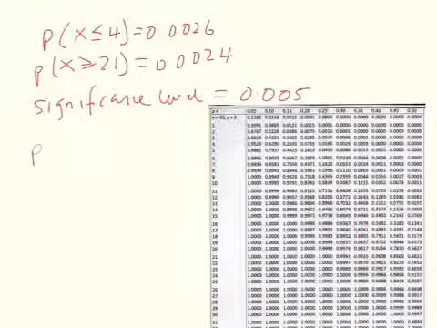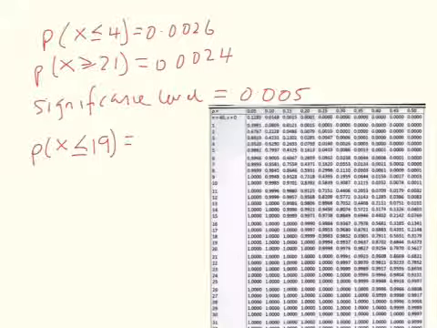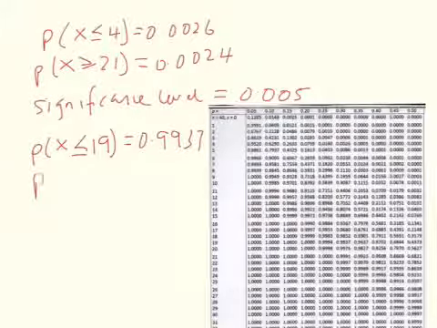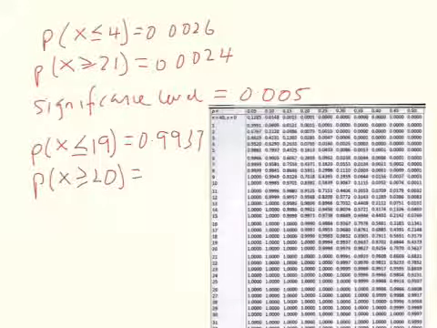So the probability that x is less than or equal to 19 is 0.9937, so the probability that x is greater than or equal to 20 is 1 minus that, which is 0.0063.